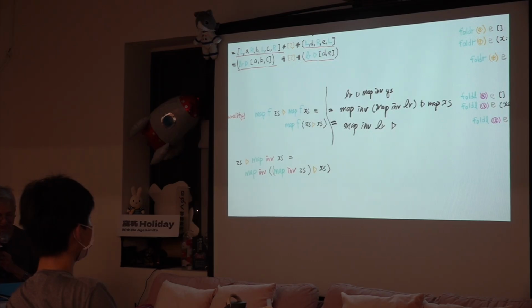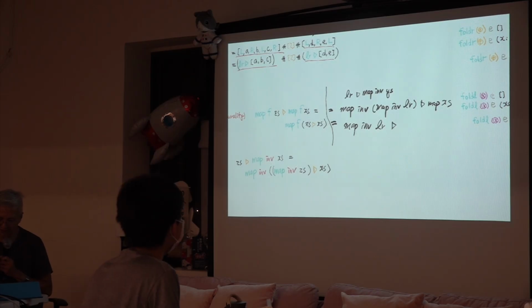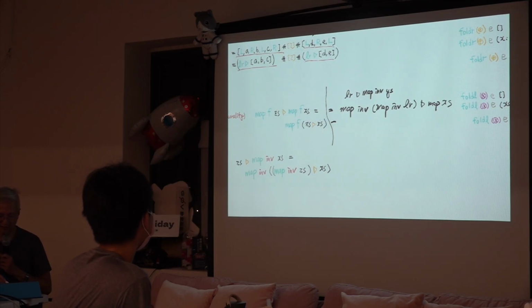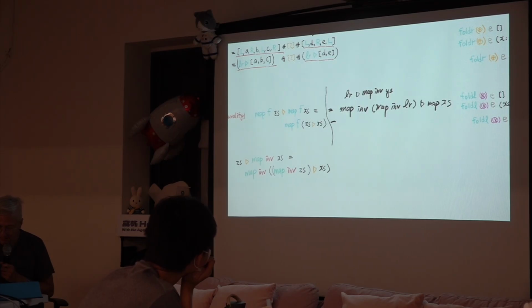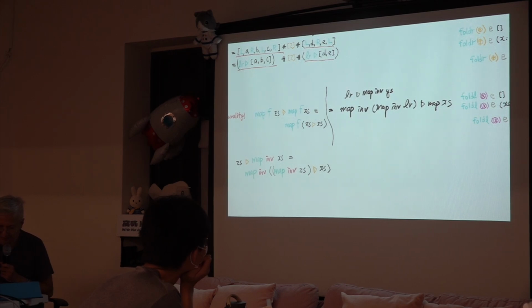Then, according to the left-hand side, now this one is map inv of LR interleave... what am I doing here? Is this what I did? Let's see. No, sorry, this is the map inv. Map inv of axis.